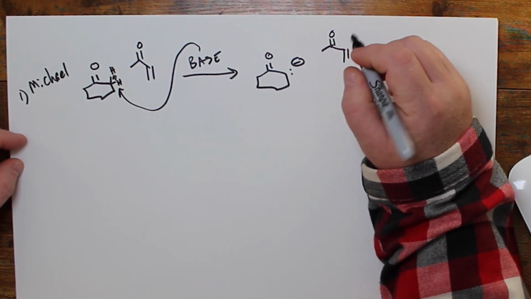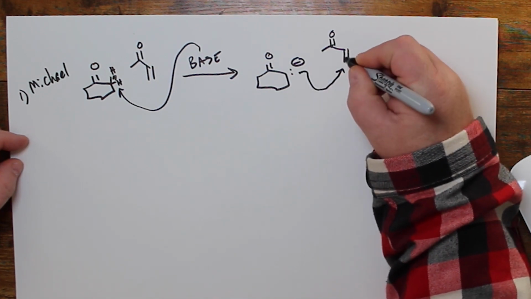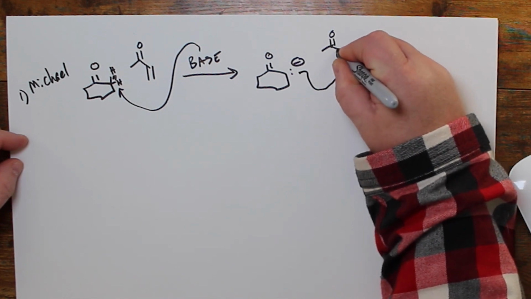And we know in a Michael addition, we get 1,4 addition or conjugate addition. So that enolate attacks that carbon. The electrons go up.